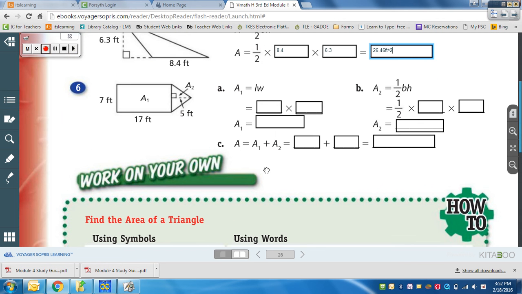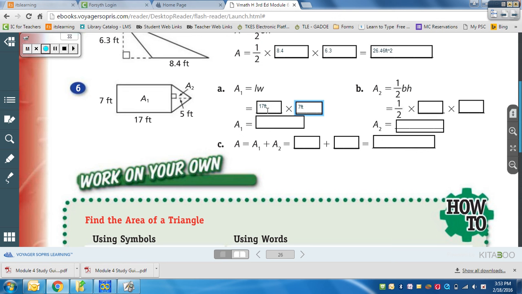Now, problem number 6. What are the dimensions of the rectangle? Well, we have a composite figure here, which is a rectangle and a triangle. So the first thing we're going to do is find the area, our A1, which is our rectangle. And to find the area, we need length and width. Our length is 17 feet. And our width is 7 feet.